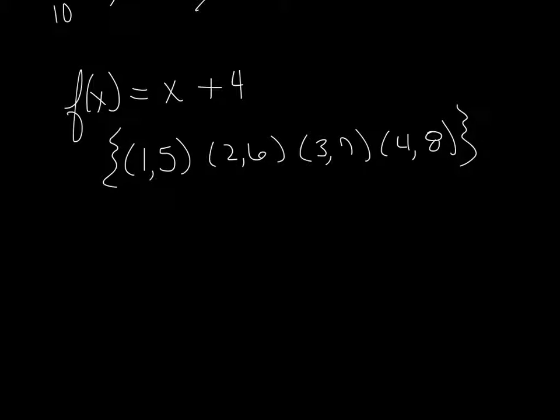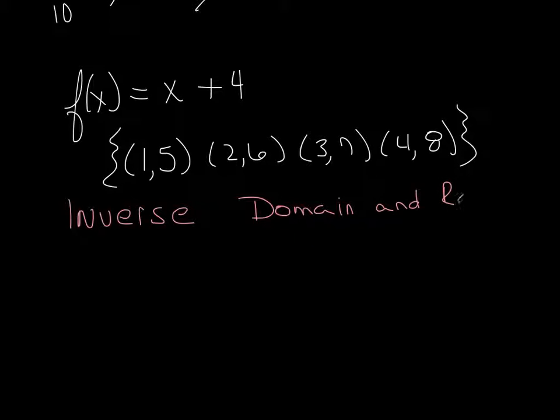Now, if we want to look at the inverse, when we're looking at the inverse of a function, the domain and range switch places. In other words, the x's and the y's change places. The domain and the range change places.